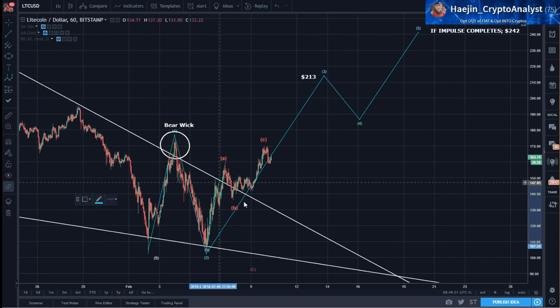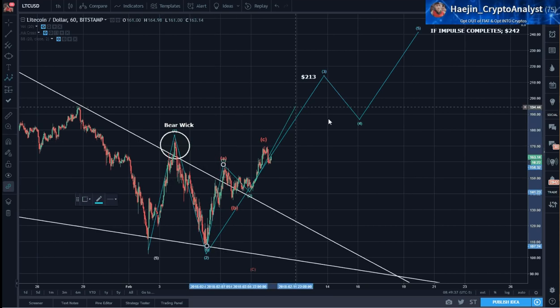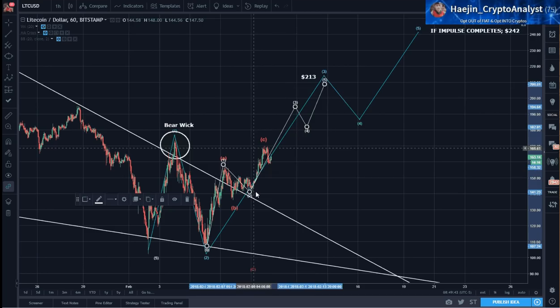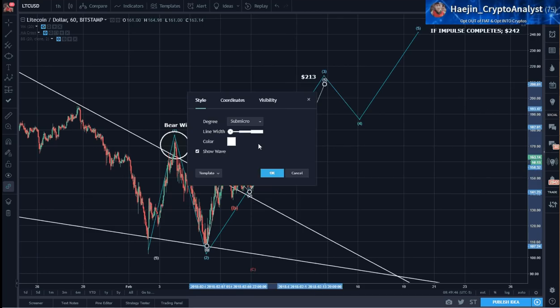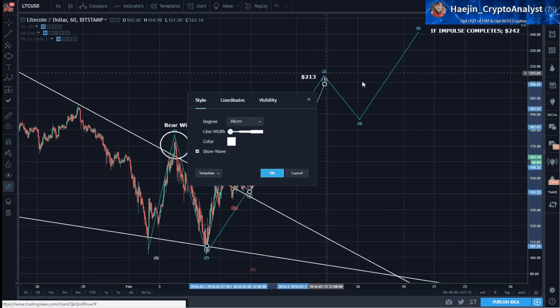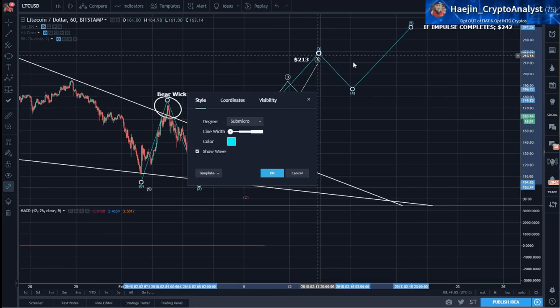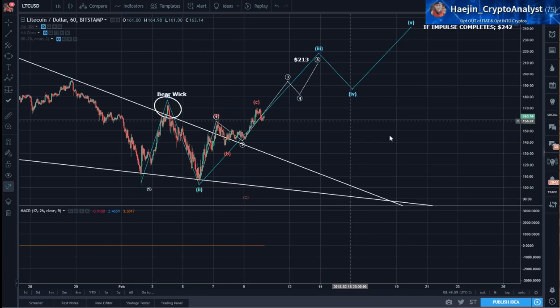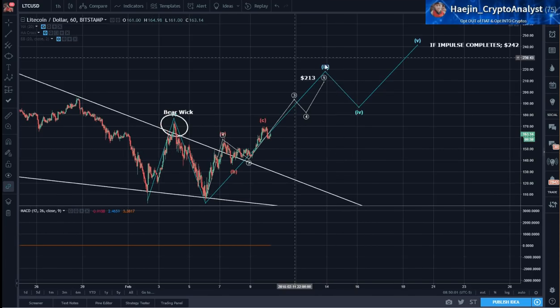So 1, 2, 3, 4, 5, something to that effect. I'll probably have to raise a higher degree of 3. I may have to raise this 3 higher if this comes true.